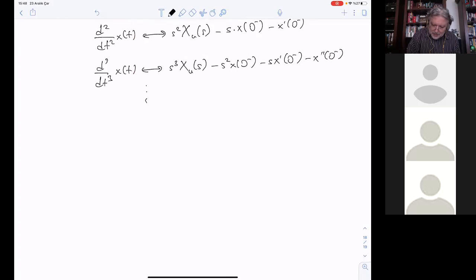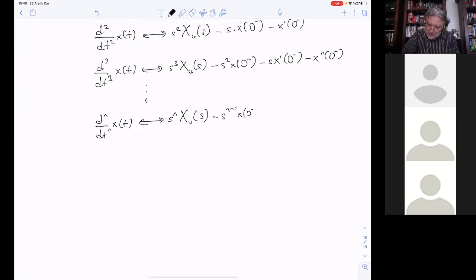So in general, the nth derivative gives you a unilateral Laplace transform of S to the n X_U(S), minus S to the n minus 1 times the initial condition. Why am I writing minus 1 over there? It's 0 minus only.